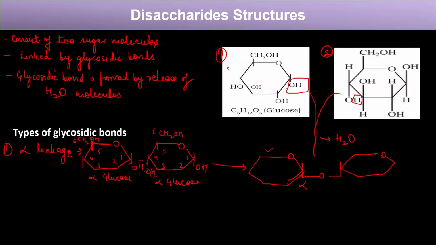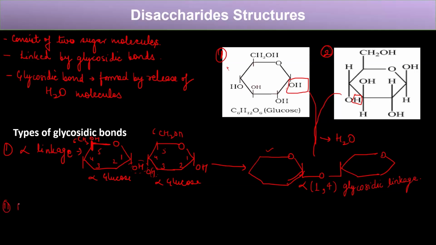Because it is linear, it will be alpha and then 1,4. So it will form an alpha 1,4 glycosidic linkage. Okay, so this is one type of linkage.